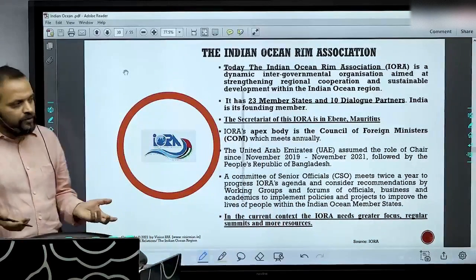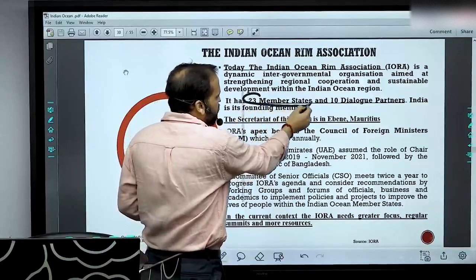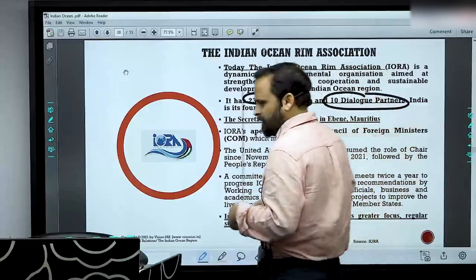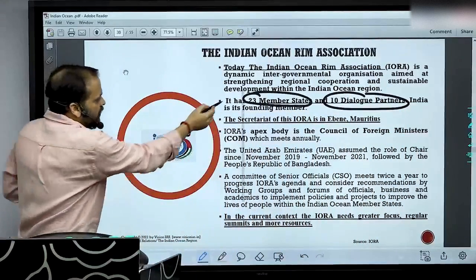So some details about this organization. It has 23 members, 23 member states and 10 dialogue partners. Keeps on changing, but 23 member states as of now, right?